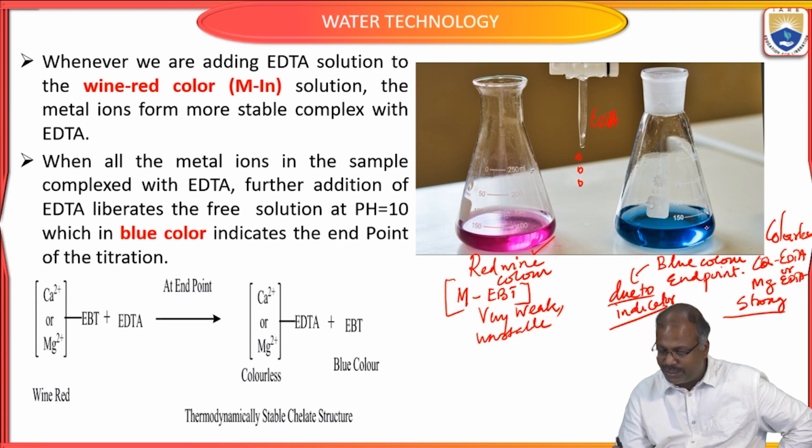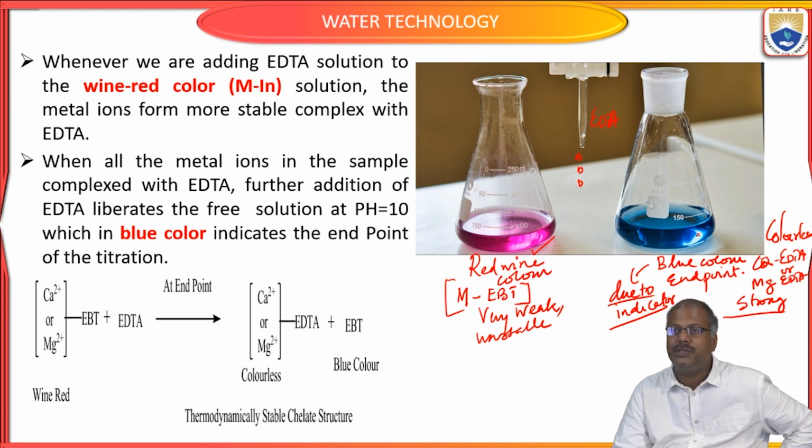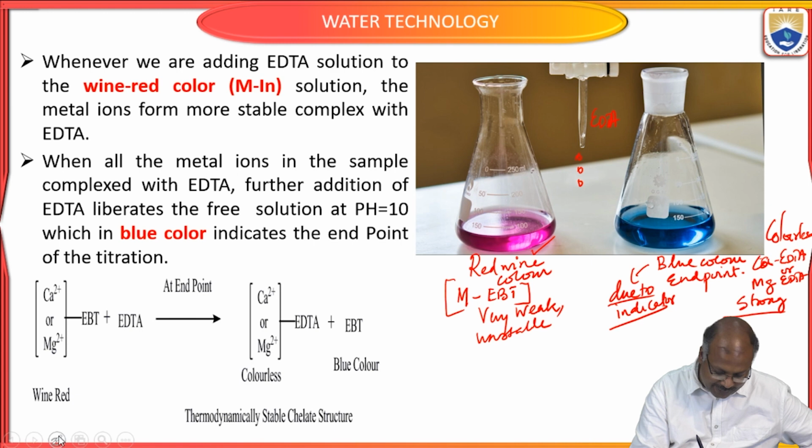That's why it is blue in color, due to the indicator, not because of the color of the complex. Here the color of the complex comes from calcium and magnesium ions forming a complex with the indicator, whereas here it is due to the free indicator, not because of the complexation.